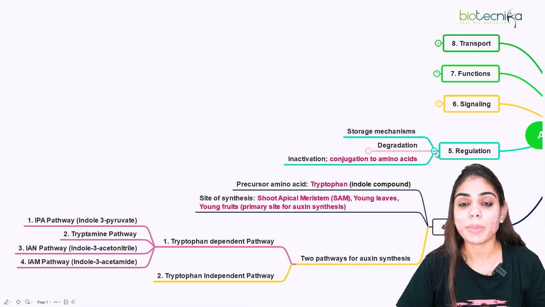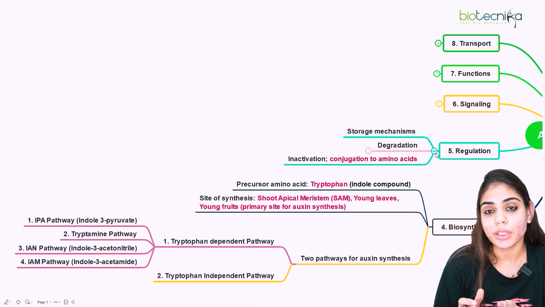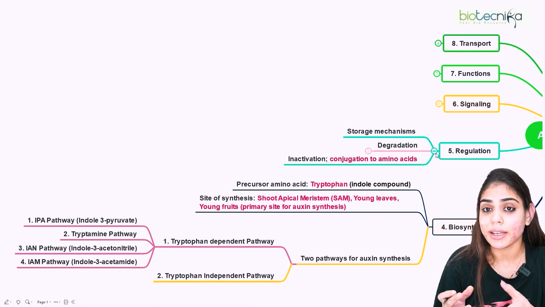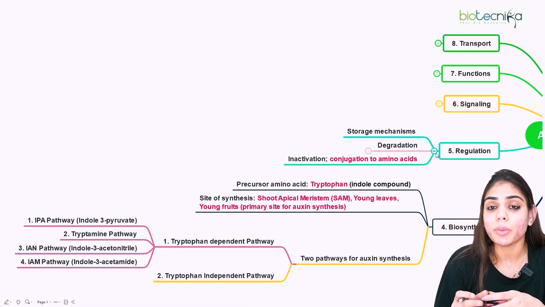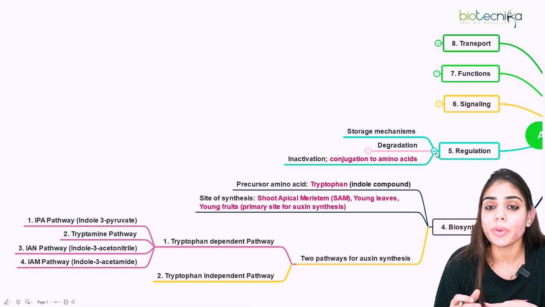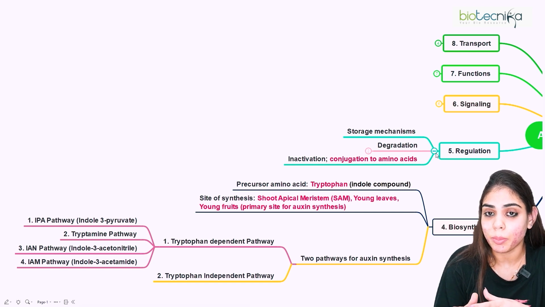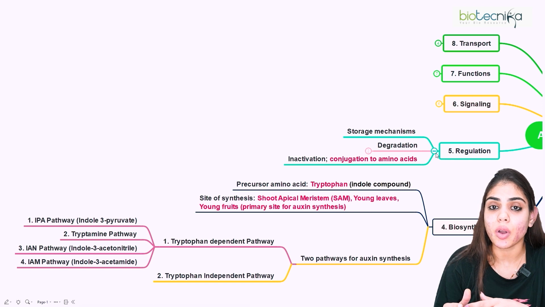Now coming to the regulation of this auxin phytohormone. Auxin is required for the growth and survival of the plant. But once auxin is synthesized at a higher concentration, it is toxic for the plant cells. So it has to be maintained at the optimal concentration. And if the homeostatic control is not there in the plant body, it will build up to toxic levels.